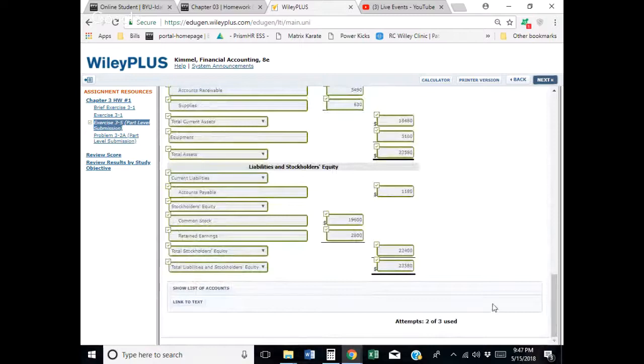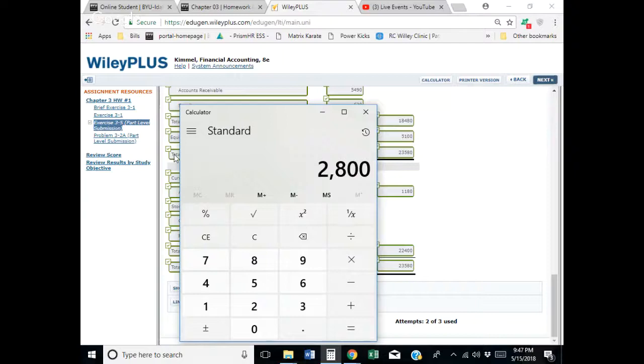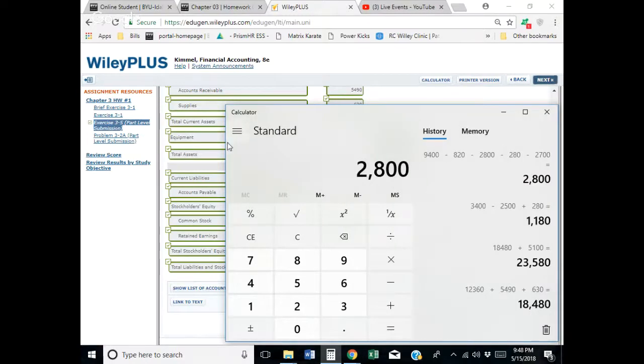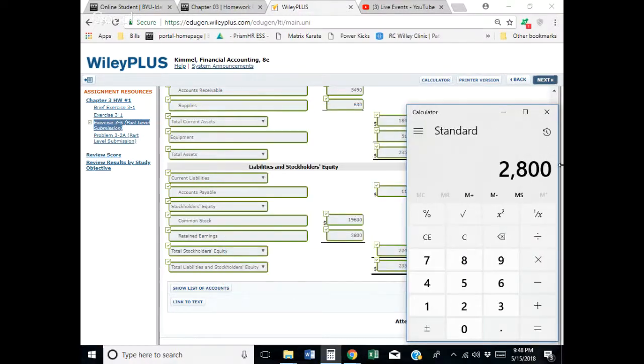Down to the bottom, 2,800 here. Total stockholders' equity is common stock and retained earnings. See if I can move this over so you guys can see. So 2,800 here.